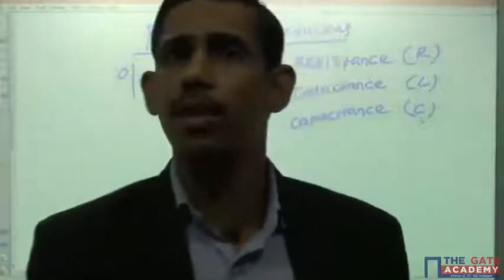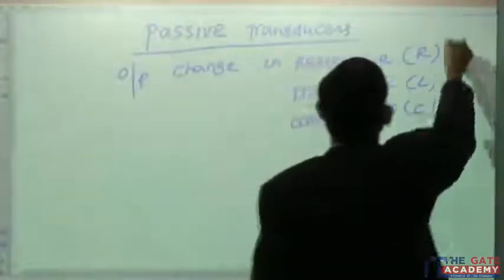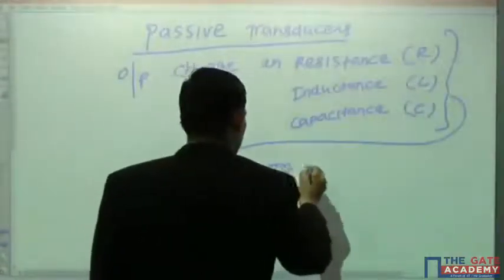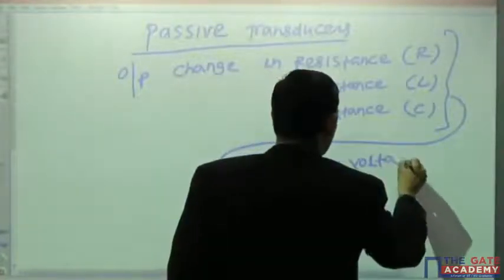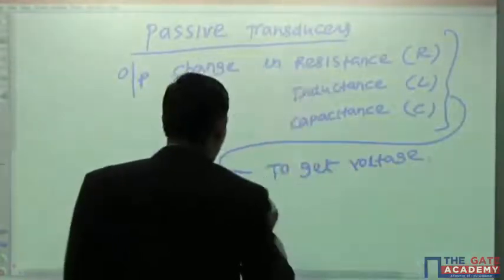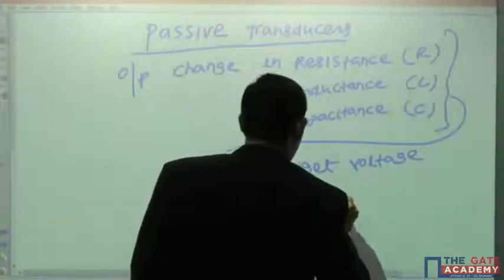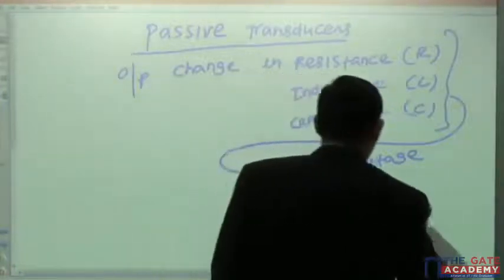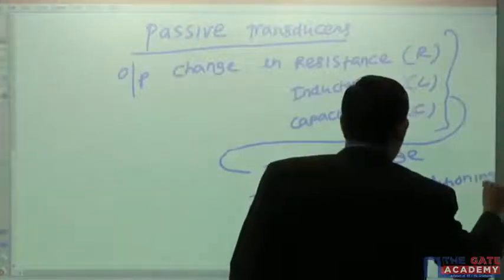But if I want to get my original voltage or current, again I have to do something. To get voltage, I need a signal conditioning circuit.